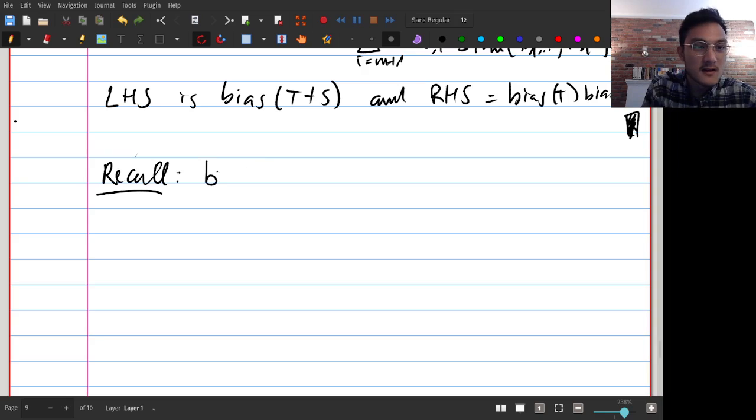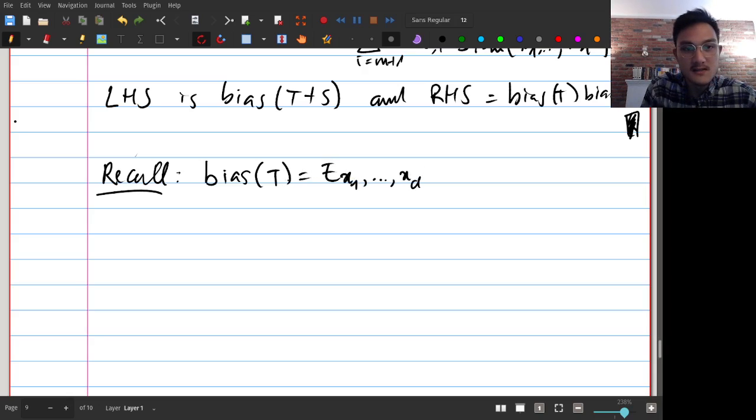So we have a tensor, t, and the bias of t is this quantity, an average over all x1 to xd. So t is an order d tensor, and chi is a non-trivial additive character.